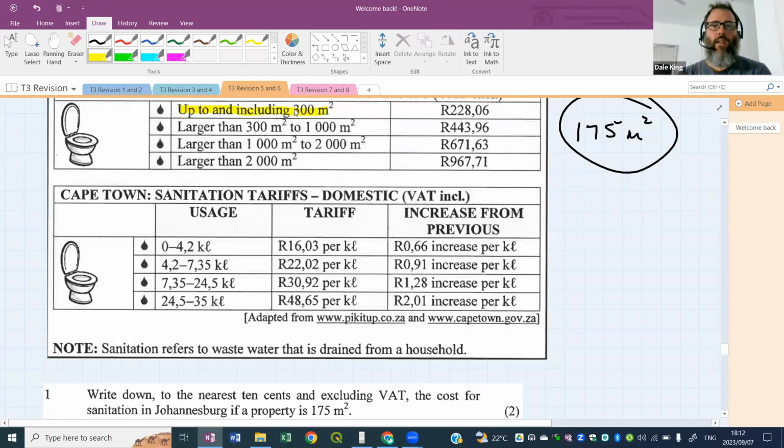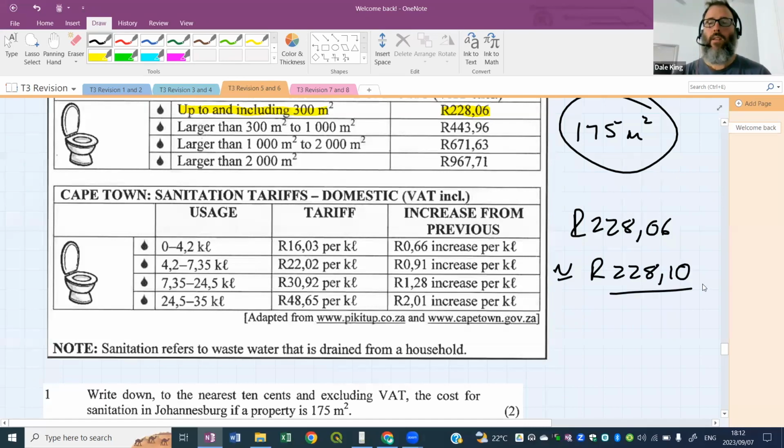That's the bracket we're working in. So we're looking at this tariff here, which is 228 rand and 6 cents. But we need to round that off to the nearest 10 cents, so we will say 228,10.